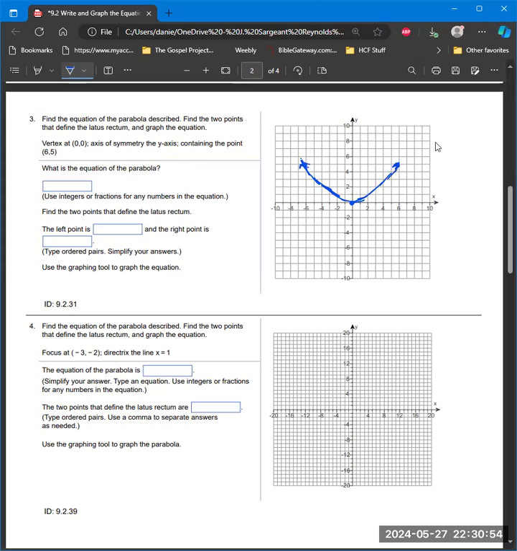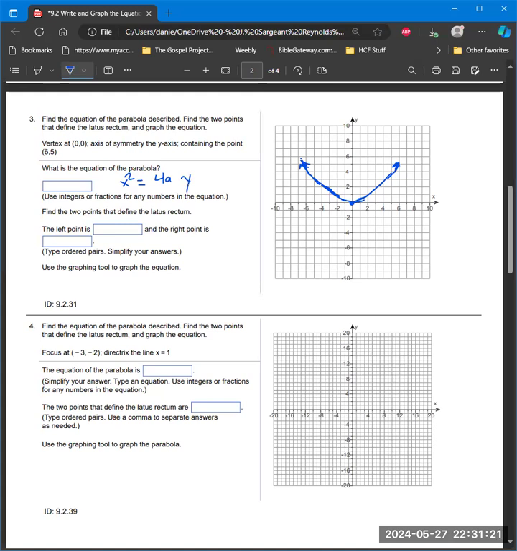Let's get the equation here for this one. It's going to be x squared equals 4a times y.